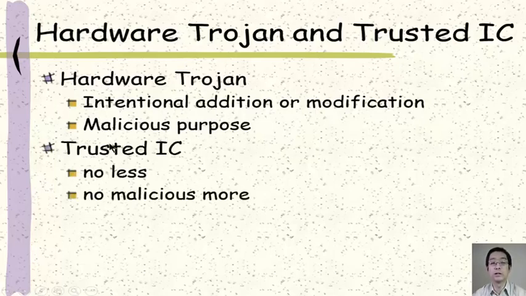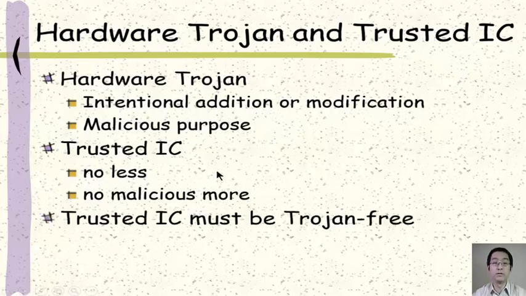And for trusted ICs, we have defined a trusted IC as a system that has to do no less, which means it has to meet all the design specifications. Also, it will not do anything maliciously. From this discussion, we know that for a system to be trusted, it cannot have a Trojan. That is what we call Trojan-free ICs.